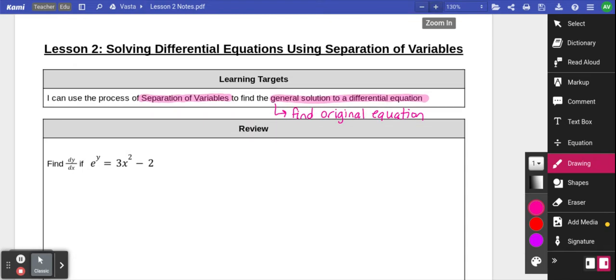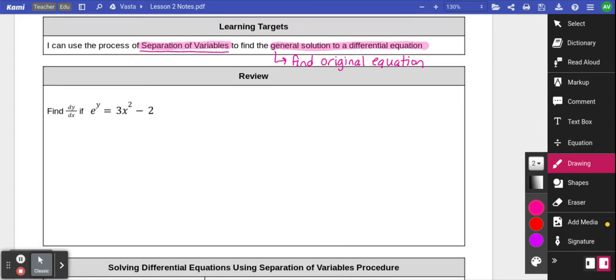And the reason we're going to have to use a different technique today is because the setup of the problems that we're looking at is going to be a little bit different than the types of problems we were looking at last time. So this idea of separating the variables is the name of the strategy, the technique that we're using, but it's still the same goal of finding that original equation by looking at the derivative. So let's go ahead and get started.